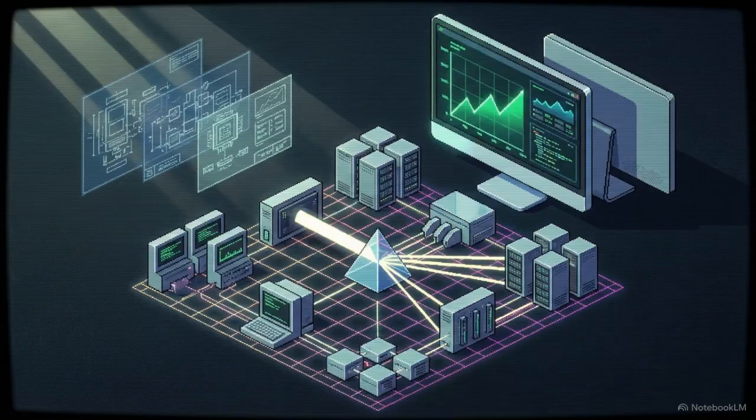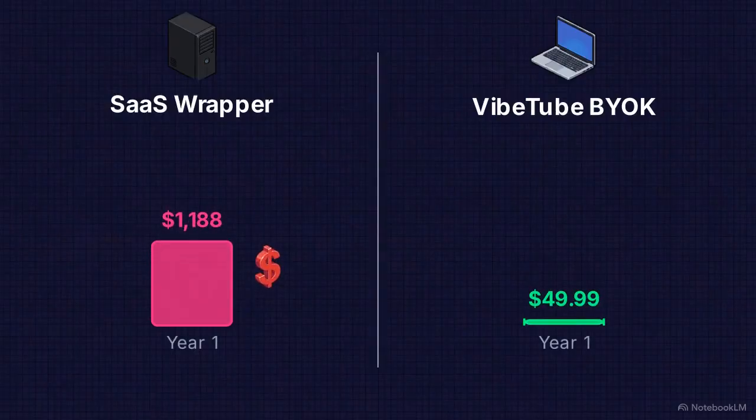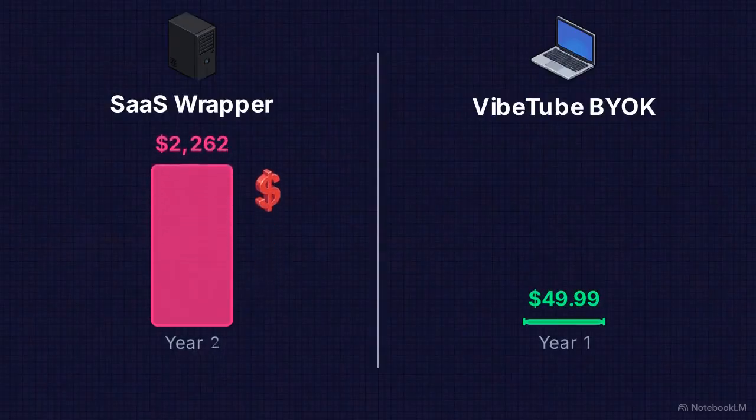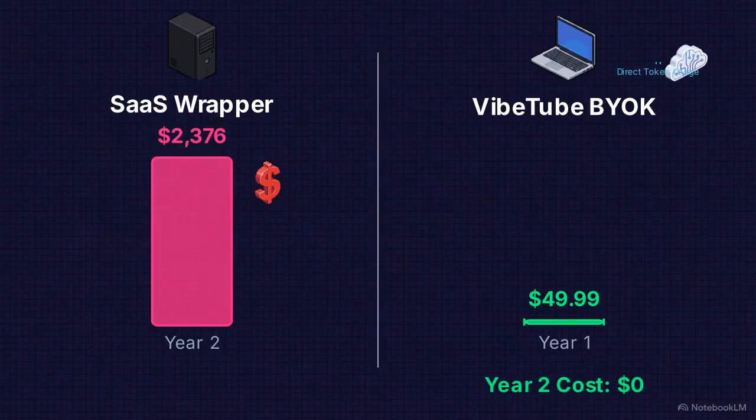We can now measure the total economic efficiency of this decentralized architecture. This data table contrasts the pricing models. The standard SaaS wrapper escalates from roughly $1,100 in year 1 to over $2,300 in year 2. The BYOK desktop application requires a single fixed cost of $49.99, with a year 2 cost of $0.